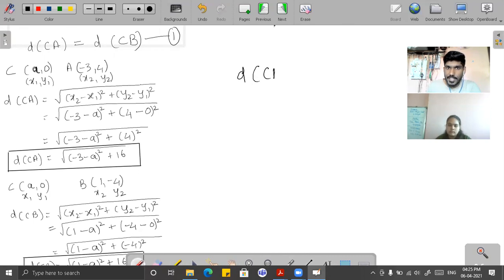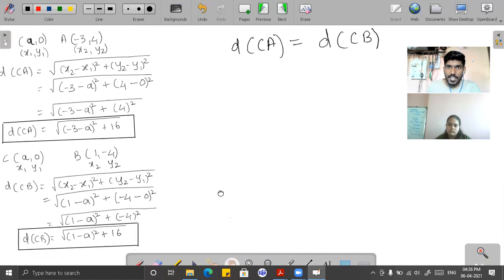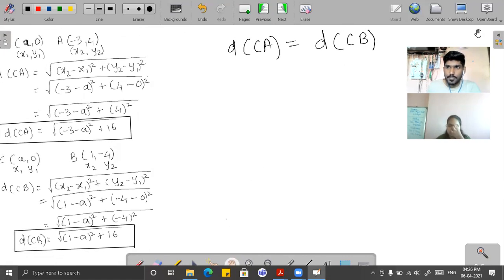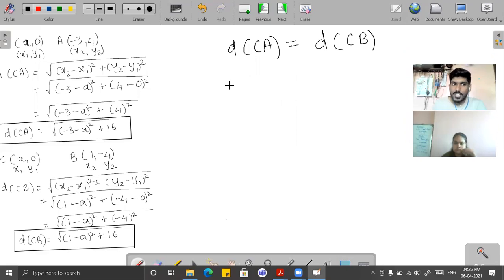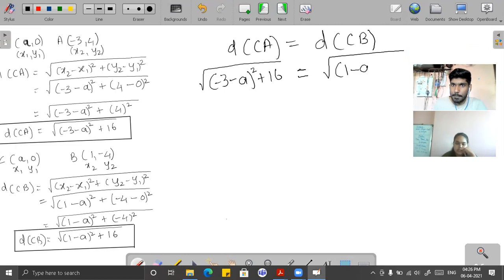Distance CA is equal to distance CB. Now we'll substitute the values. Distance CA is the square root of -3 minus A the whole square plus 16, equal to distance CB, which is the square root of 1 minus A the whole square plus 16.